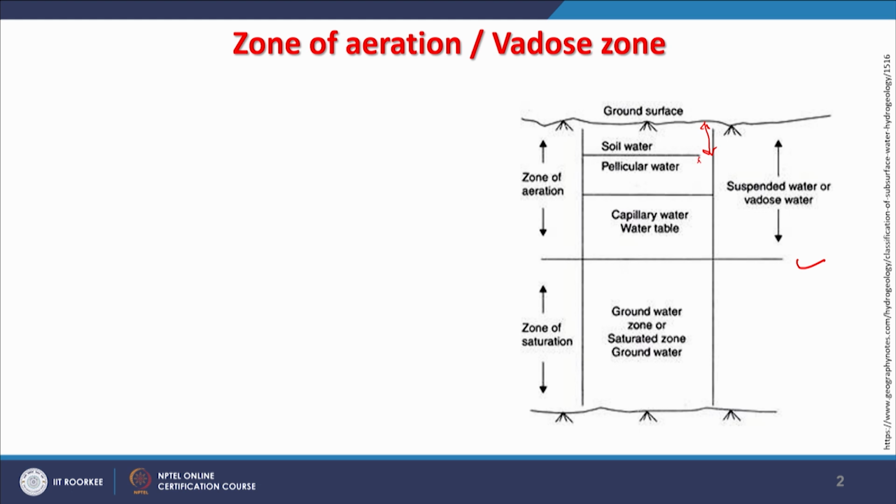Then another section is the pellicular water, with root zone and other things, and then capillary water just above the water table. So, these kinds of divisions are there in subsurface conditions.